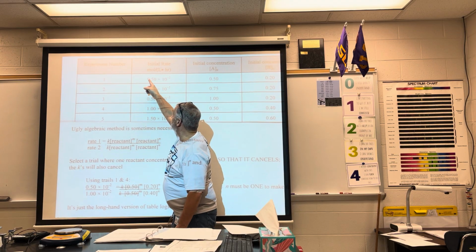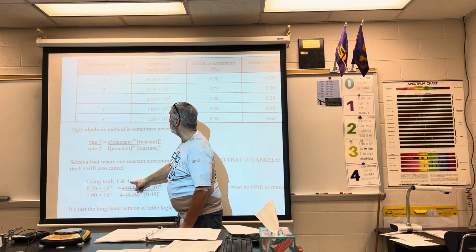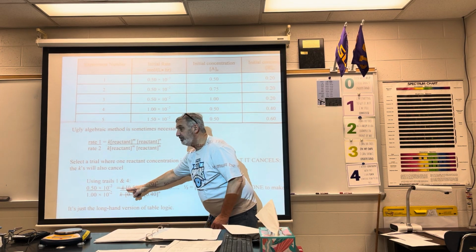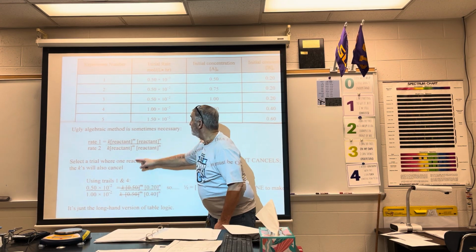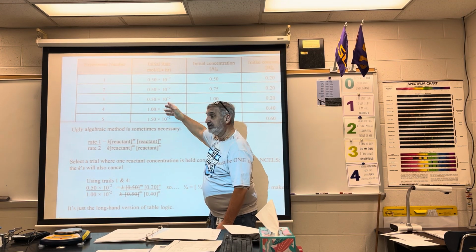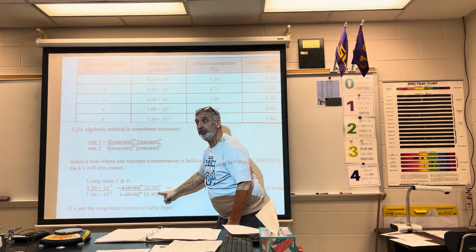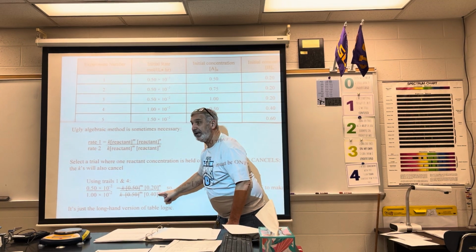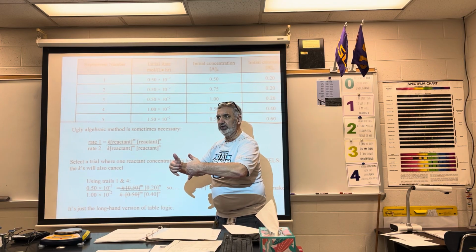In this case, they're going to compare experiment 1 to experiment 4, and then they put the rate is equal to K, which they don't know what it is yet, but it's going to be the same, it cancels. They're keeping the one that is constant, it cancels out, so then it ends up being only the change in the other. So this is really 1/2. Now, I would have done it the other way, I would have done 4 to 1, so it turned out to be a 2.